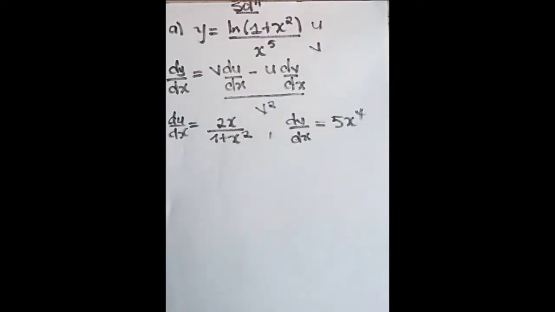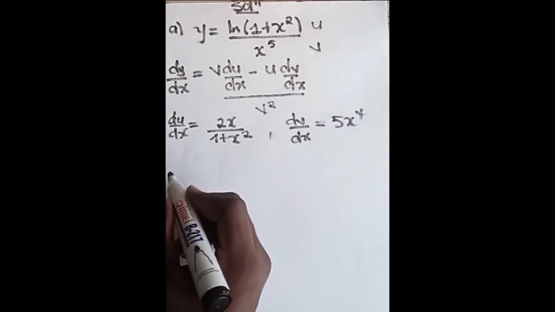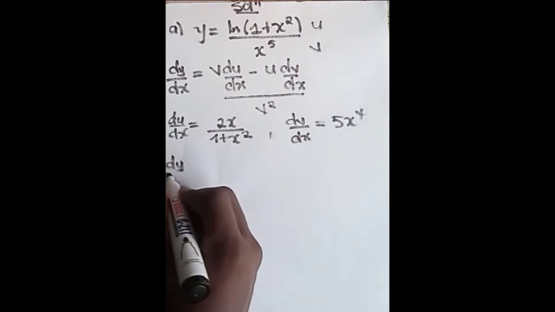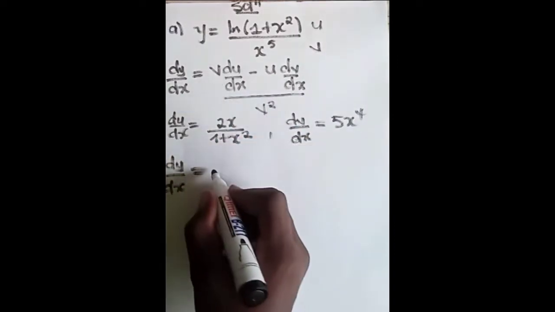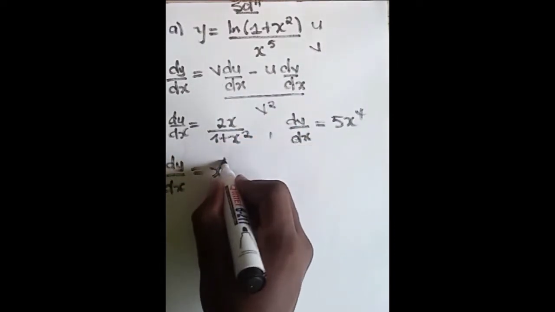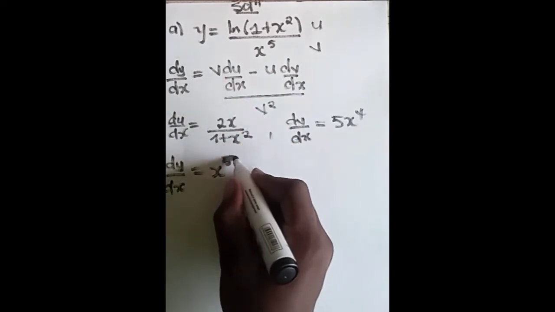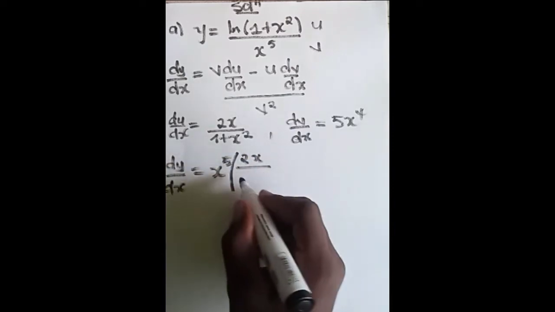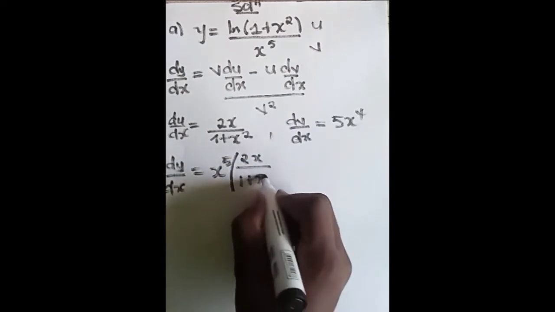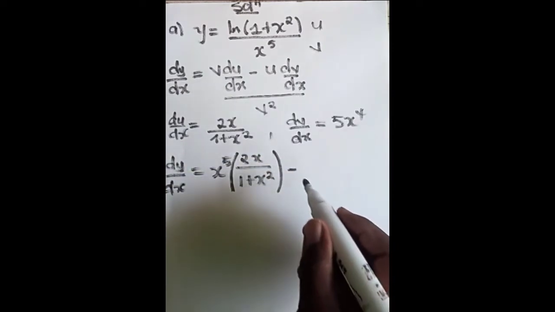So we have all what we need to have this question done. Let's write it down. dy/dx is simply going to be v, what's v? That's x⁵ into du/dx. What's du/dx? 2x over 1 plus x squared, minus u.